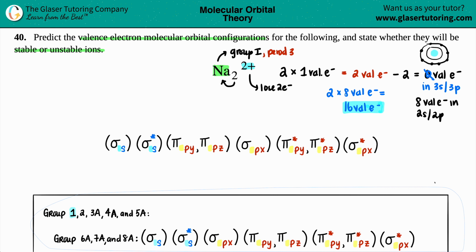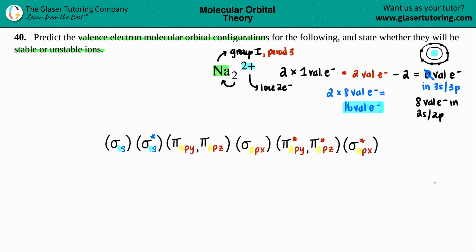We're not dealing with group 6A, 7A, or 8A, but just know that if the element was in those groups, you would use the other one. Now, the reason between these two is because of sp orbital mixing. This type of concept is not for a Gen Chem course. So it's best to just memorize that there are 2 of them. So this is the one that we're going to use.